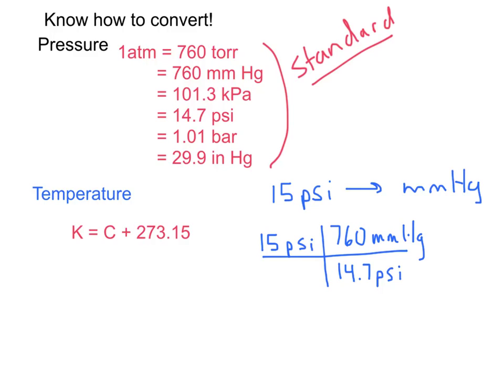Then I can quickly cancel out psi, multiply the 15 by the 760, divide it by 14.7, and get my answer in millimeters mercury.